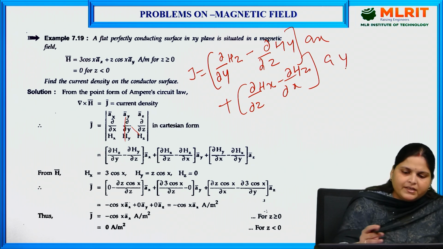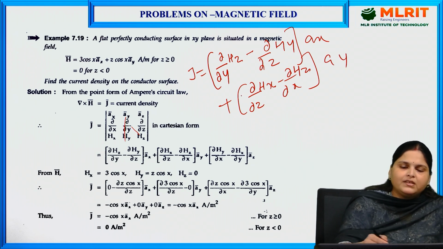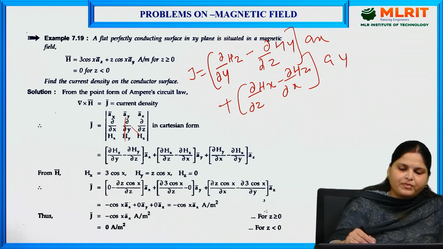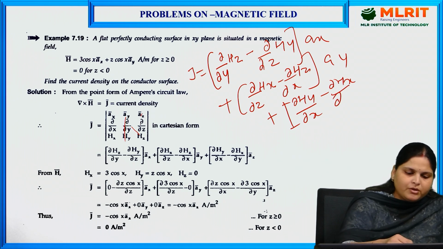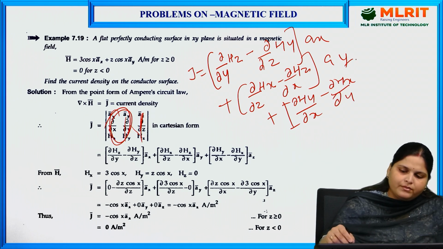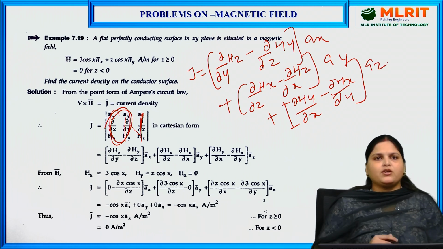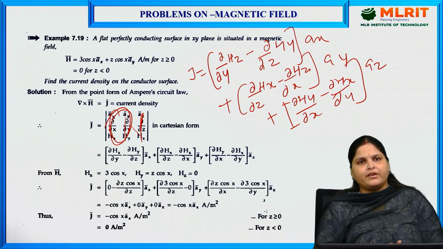We can write it in reverse order also, but the sign will become negative. Plus dou Hy by dou x minus dou Hx by dou y, az. That is how we can expand the curl equation.